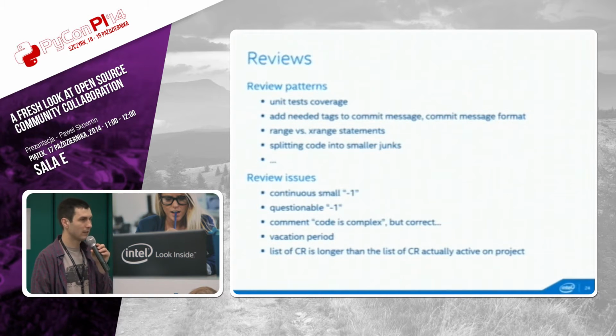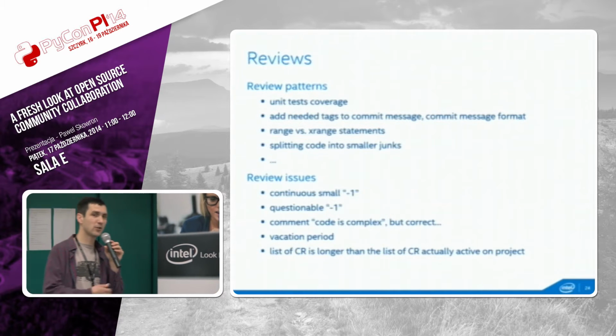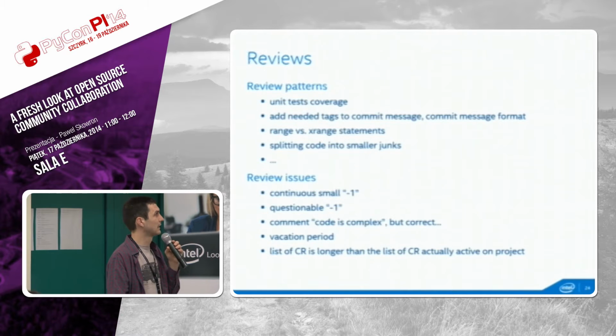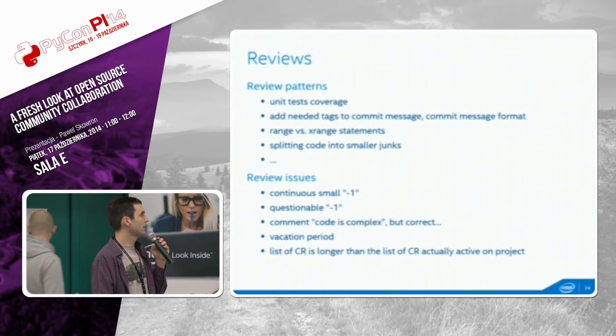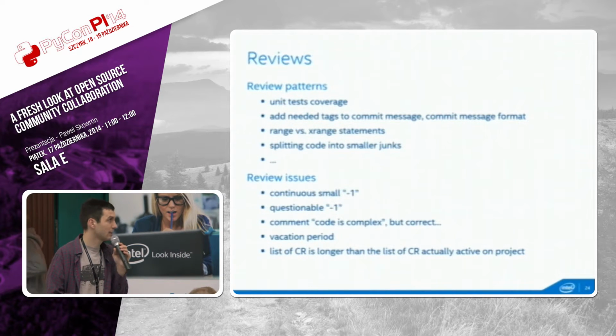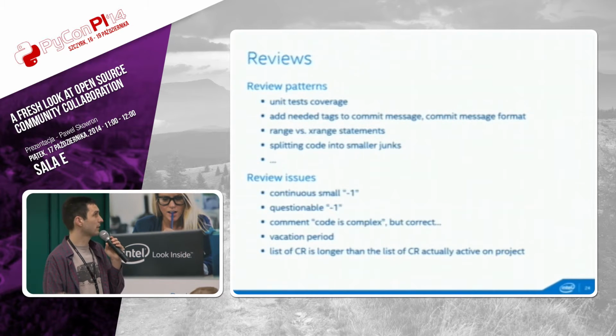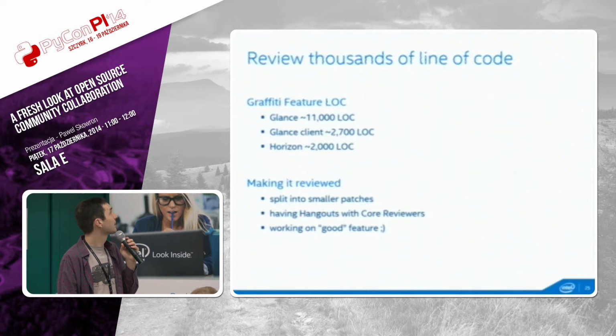We try to make it as simple as possible, but the code needs to do its job, and sometimes it's just complex. We also had a problem because there was a vacation period, and of course the list of core reviewers, which means the main reviewers in OpenStack, is sometimes longer than the list of core reviewers that actually do the job.